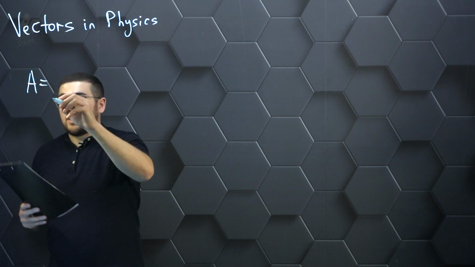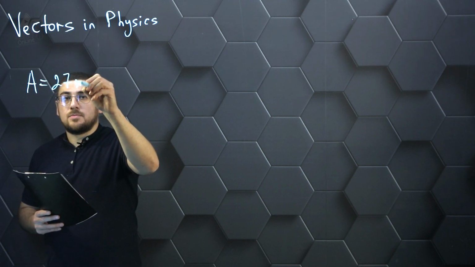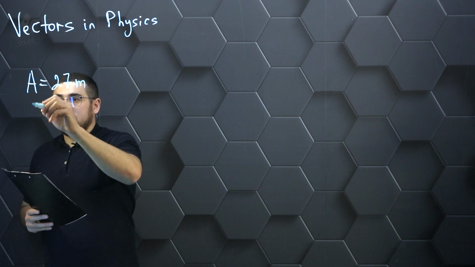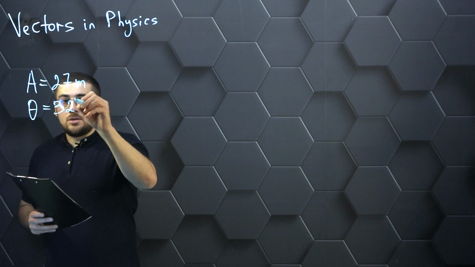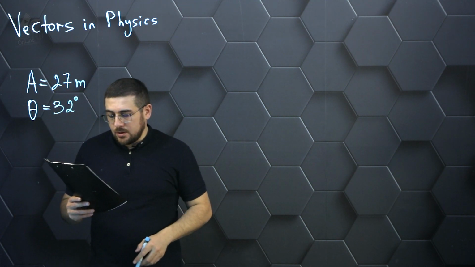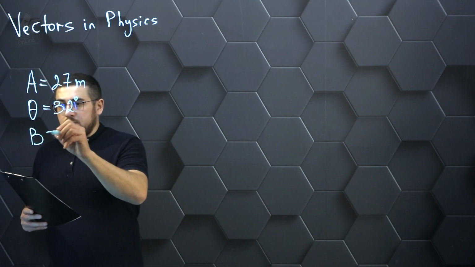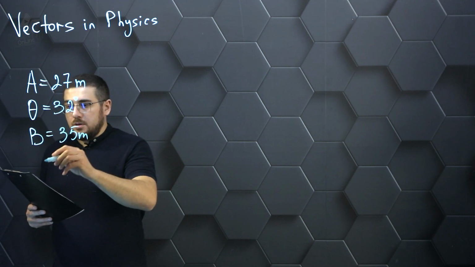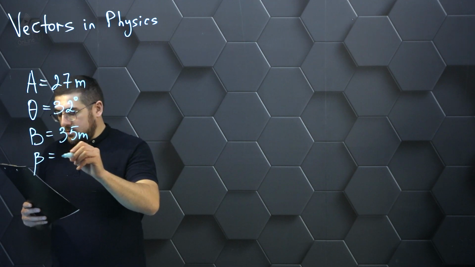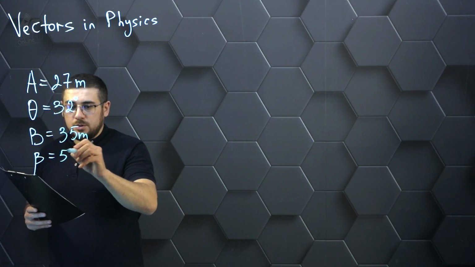We know that the magnitude of vector A is 27 meters and it is directed at an angle theta, denote this angle, to the x-axis of 32 degrees. The length of vector B is 35 meters and it is directed at an angle of beta equal to 55 degrees.